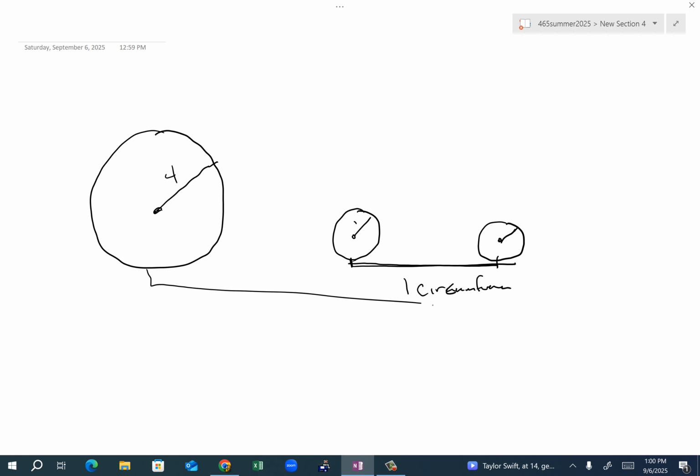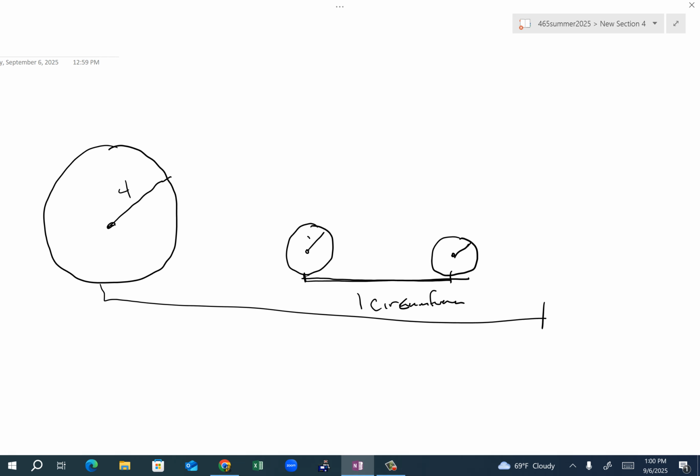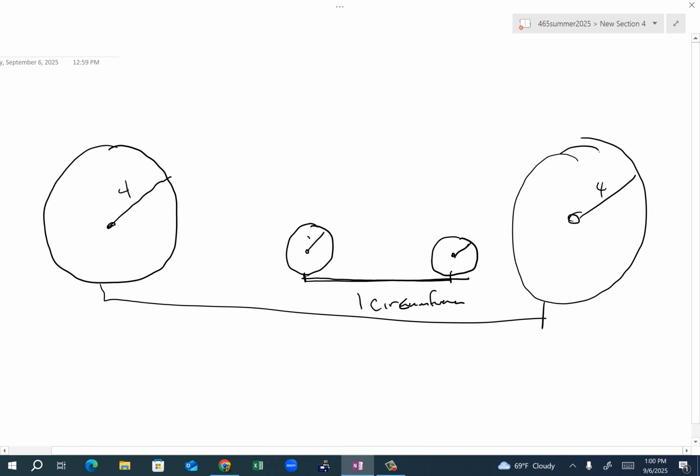Ditto with this one, except it's going to be 4 times longer, right? This is also 1 circumference, but it's a bigger circumference. But listen, I'm going to tell you this right now. How far did he roll? He rolled 2 pi radiuses, both of them did.